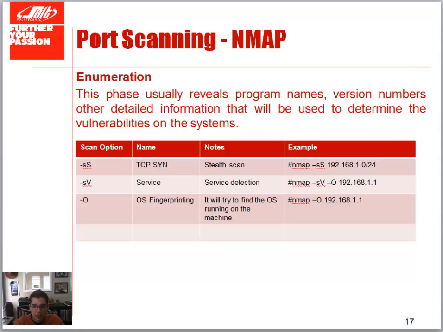Nmap, based on the TCP/IP communication made with the target computers, guesses which OS is running on the target side. Try that now. Do a scan on your network, see how many OSs are available, and see how accurate Nmap could be.